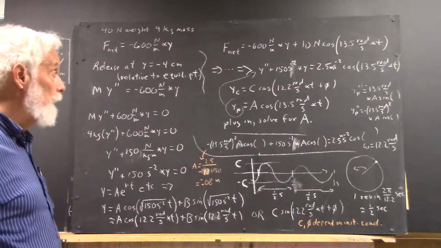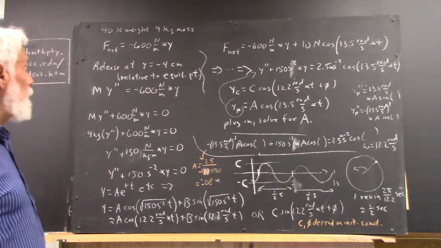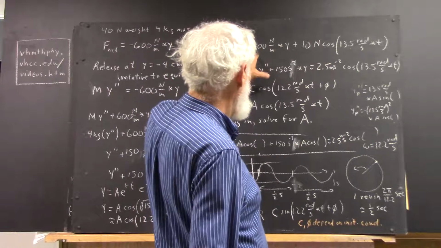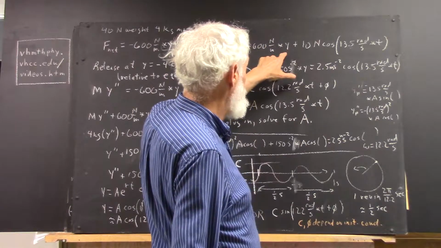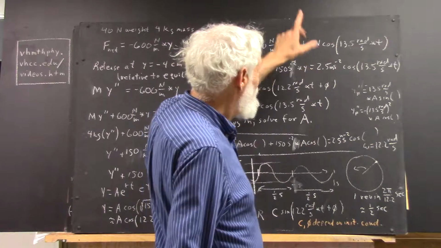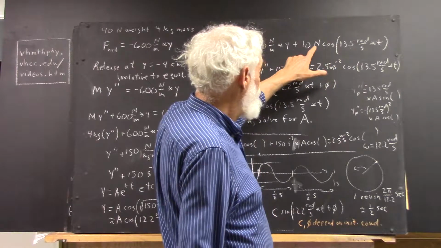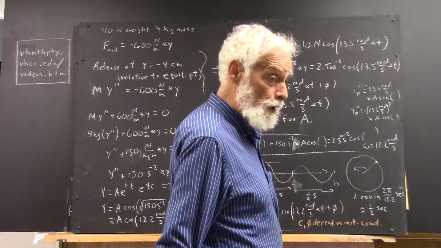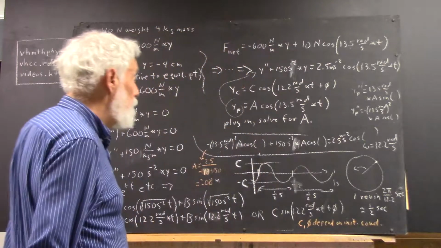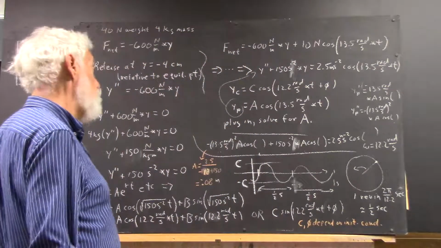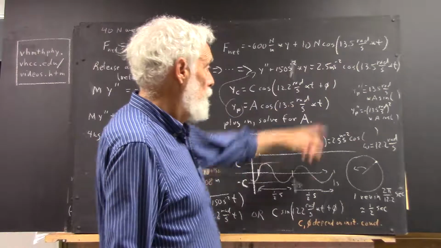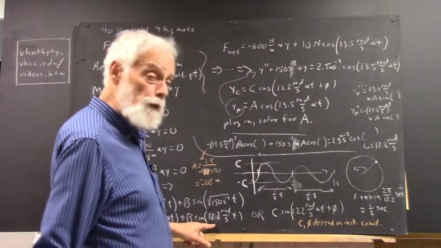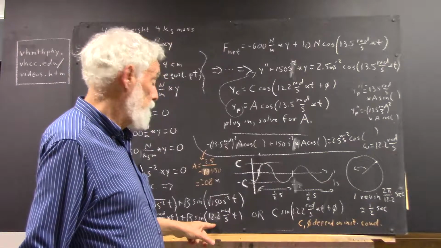Now we're going to complicate the equation a little bit and say now our net force is the same, negative 600 newtons per meter times y, plus a driving force, 10 newtons times a cosine of 13.5 radians per second times t. And now, we note first that 13.5 radians per second is somewhat different than the natural frequency of the system.